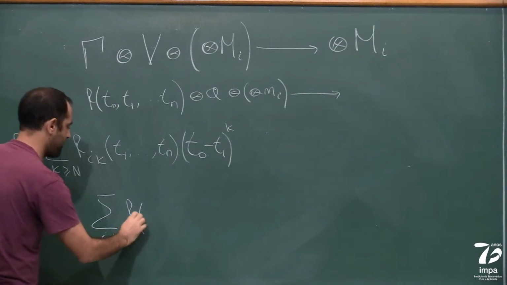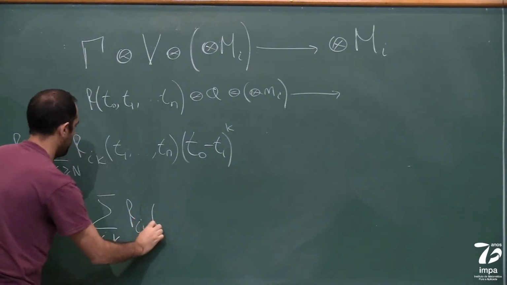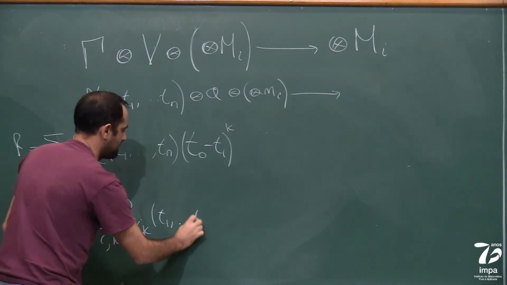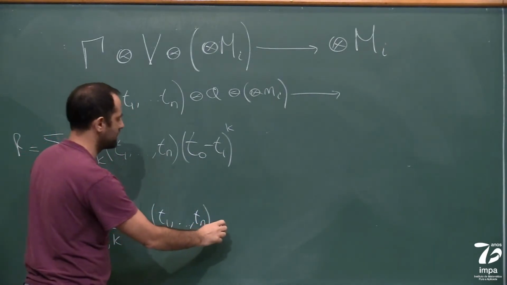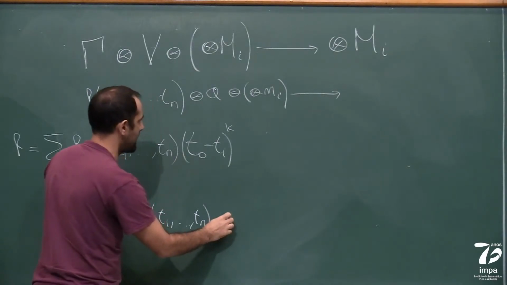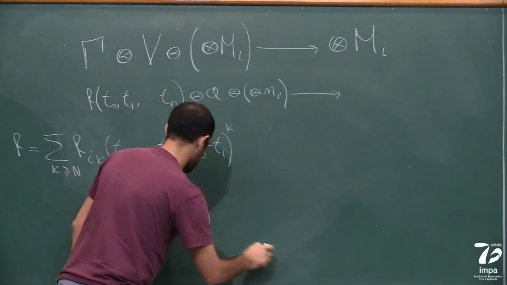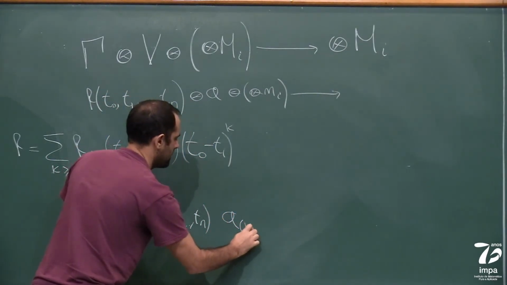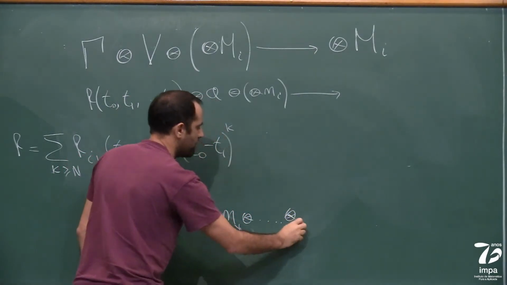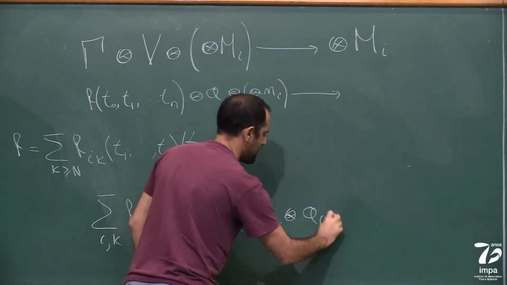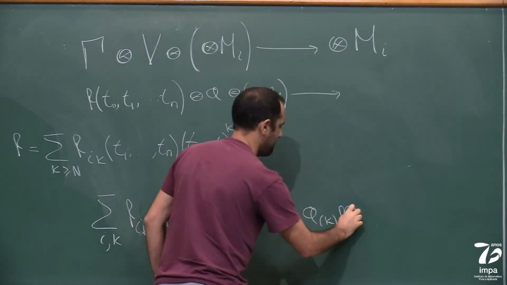So this is fik of t1 up to tn. Again, these are constants once I fix these endpoints where I put them. And then I'm going to take m1 tensor, and in the ith component, I'm going to take ak acting on mi.